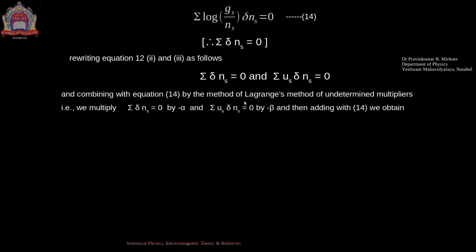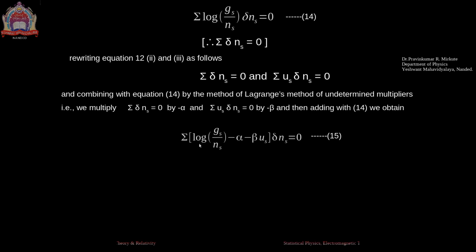Combining with equation 14 by the method of Lagrange undetermined multipliers, that means we multiply summation del ns is equal to 0 by minus alpha and summation us del ns is equal to 0 by minus beta, and then adding with equation 14 we get summation of log of gs by ns minus alpha minus beta us, bracket close, del ns is equal to 0.